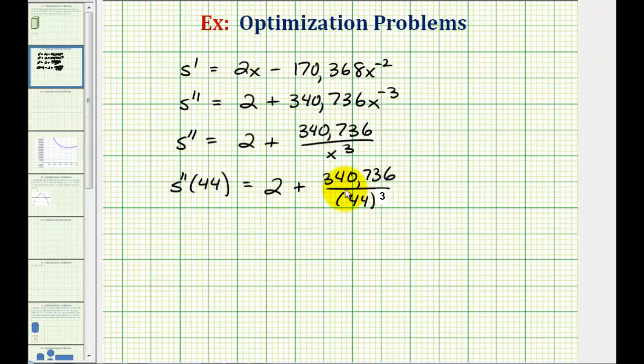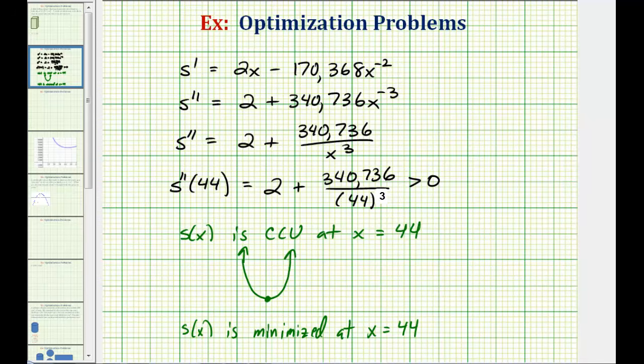Notice how this sum is going to be positive, or greater than 0, which means our surface area function, S of x, is concave up at x equals 44. So if the function is concave up at x equals 44, it would look something like this, and therefore at x equals 44, we know we have a minimum function value.